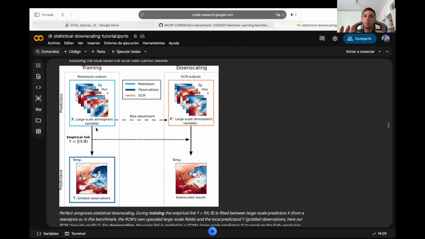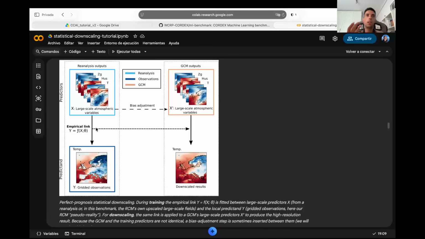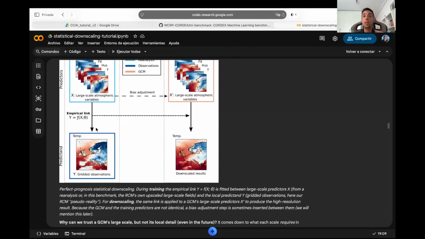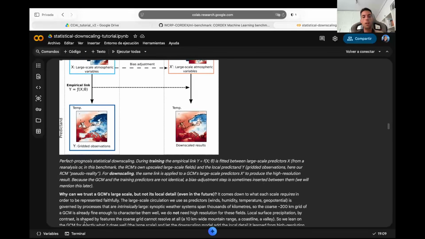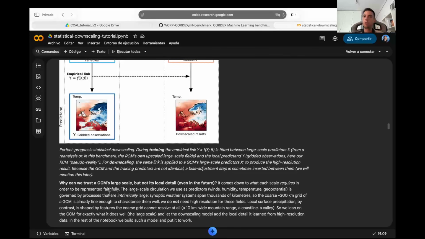If you want more details about why we take these variables as predictors and what kind of assumptions we have to deal with when working with perfect prognosis statistical downscaling, you can take a look at the notebook. Here all of this is explained in more detail. Okay, so you get the overall idea on why we make some decisions in the statistical downscaling.